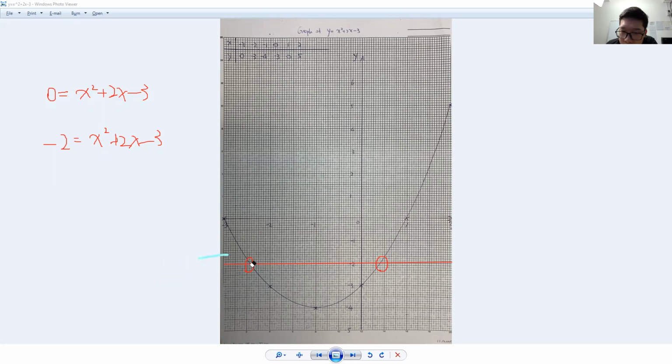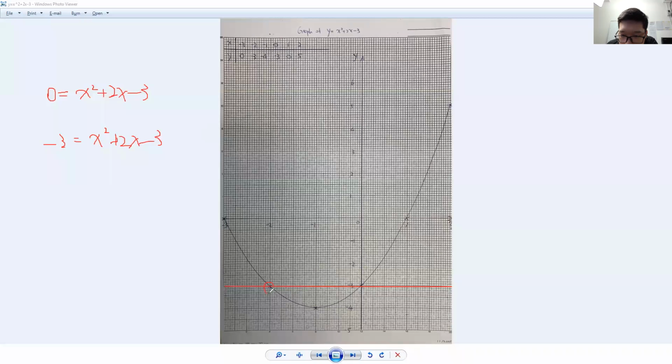Obviously, after knowing this method, we can solve more quadratic equations. For example, if you want to solve negative 3 equals x squared plus 2x minus 3, then how is it supposed to be solved? We draw a straight line parallel to the x-axis over here.